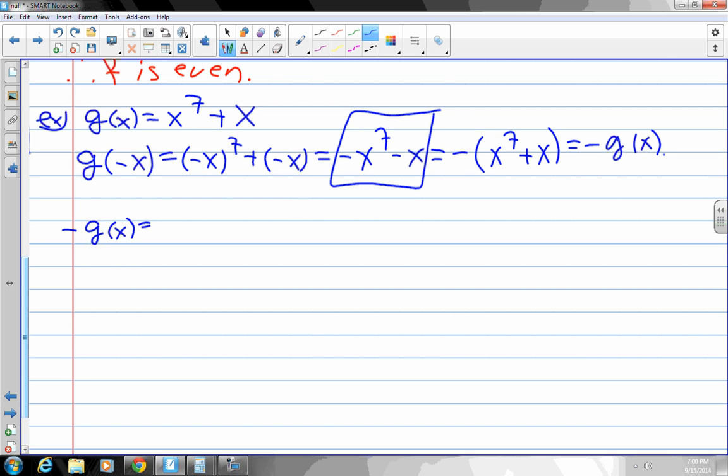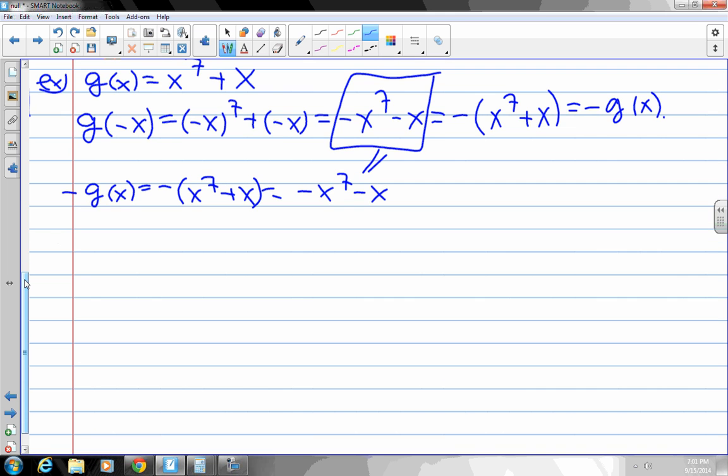Because if you compute negative g of x like that, you distribute the minus, it becomes negative x to the 7th minus x, so these two are equal. That's another way of doing that, because sometimes it's hard to just force it to be negative g of x. So just compute negative g of x on the side and see whether they match. So either case, g is an odd function.